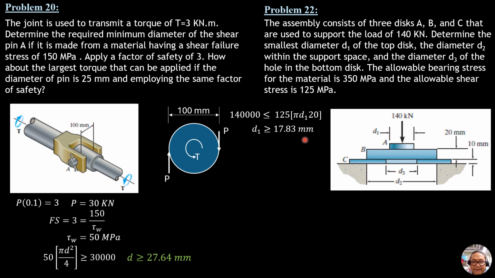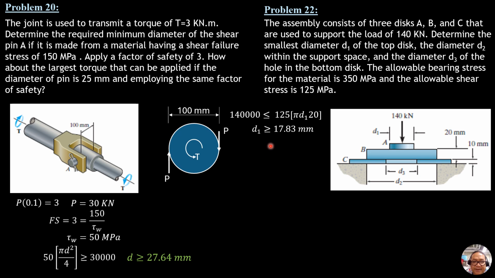But the other possibility is at the junction between this plate and this middle plate, where bearing stress is possible. So 140,000 equals 350 times the bearing area, which is the contact area, the area of a circle, pi over 4 diameter 1 square.